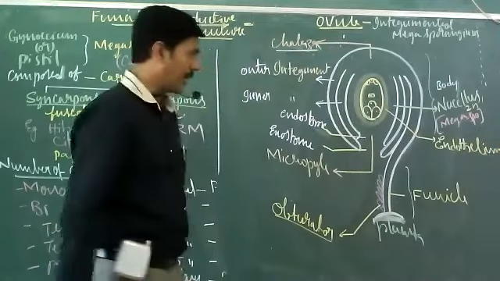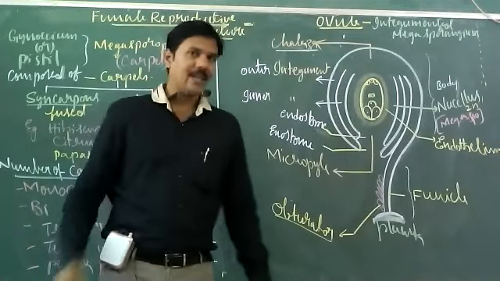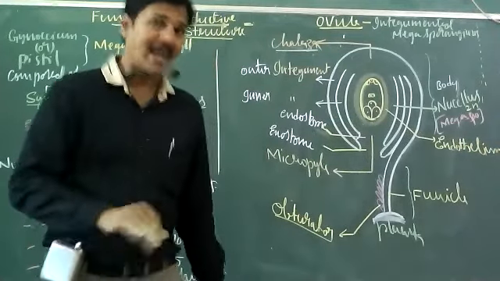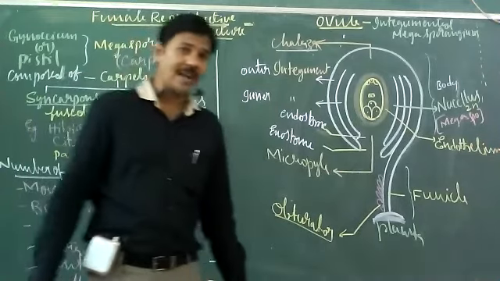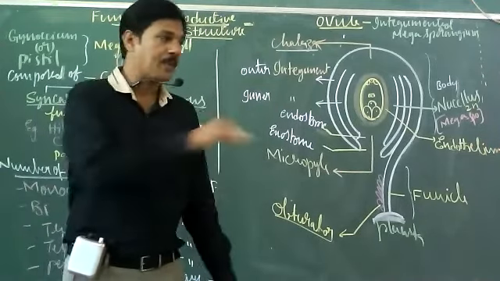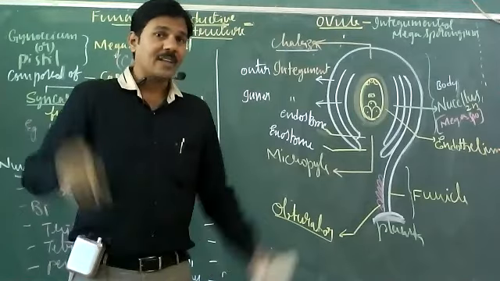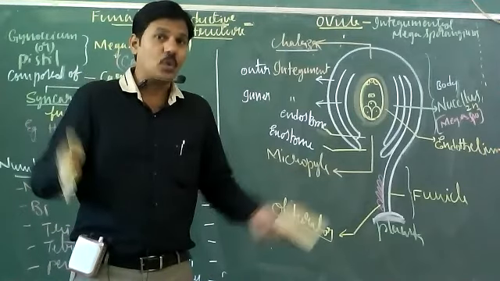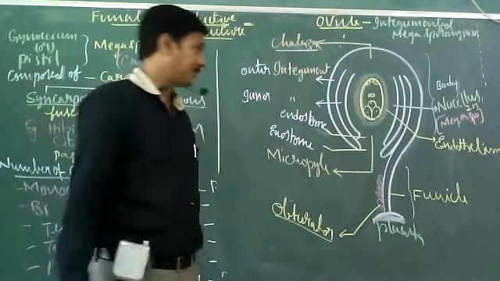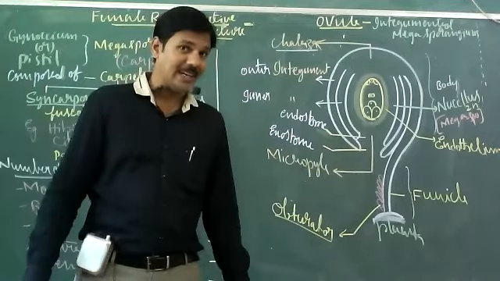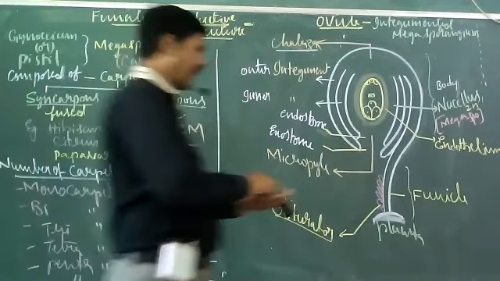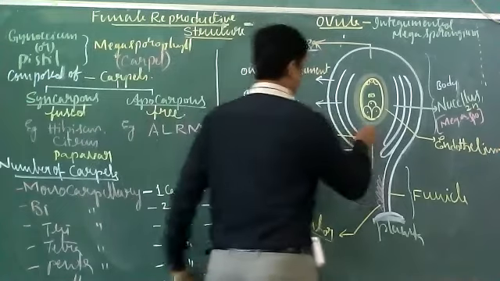Endothelium is a nutritive tissue present around the embryo sac. Surrounding the female gametophyte, there is a parenchymatous tissue which is called the endothelium.